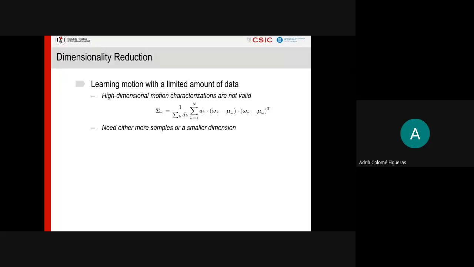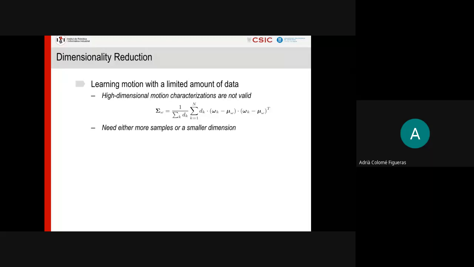And if we have 20 samples, it is very easy to not have a full rank matrix. In the case of the robot that I showed before, which has 7 degrees of freedom, imagine that we set 20 Gaussian kernels per degree of freedom. That makes for 140 parameters in the parameter space, but we only have 20 samples.